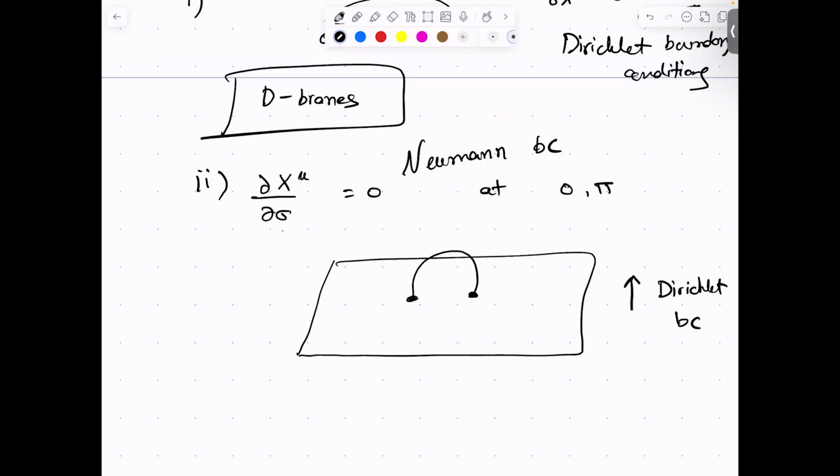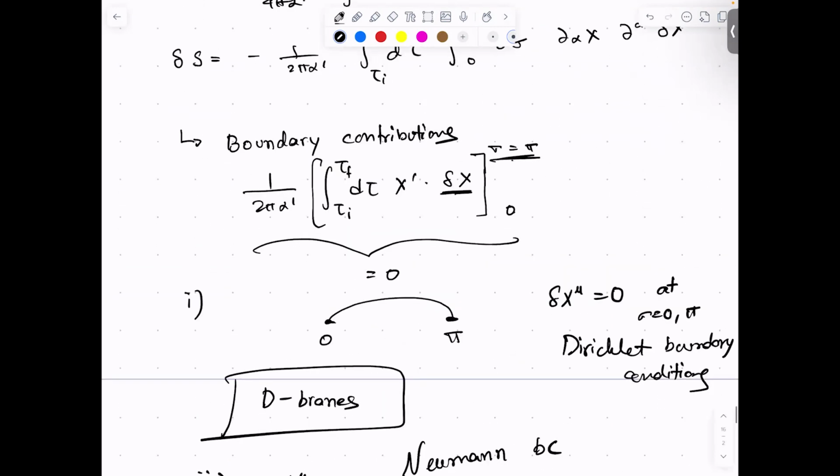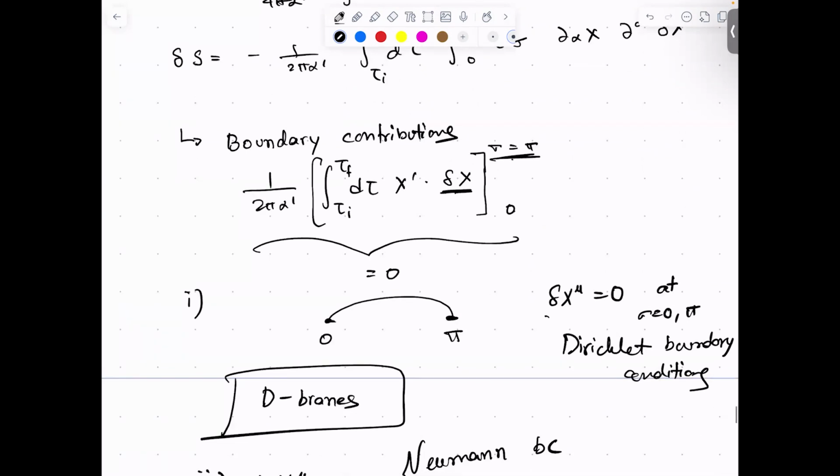Sorry? So this integral, is it clear why this should be 0? So it won't vary in that direction. If you want to go up, it won't let you.